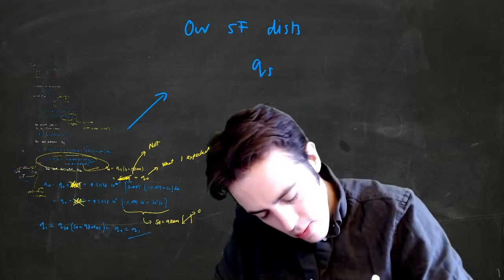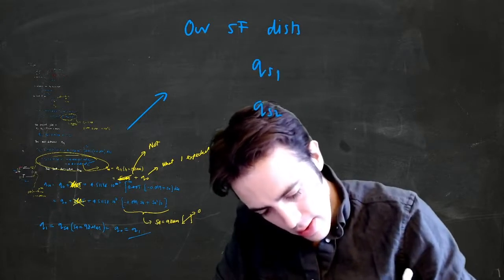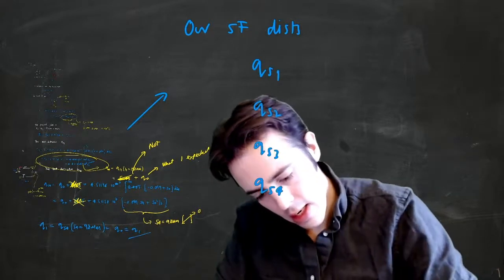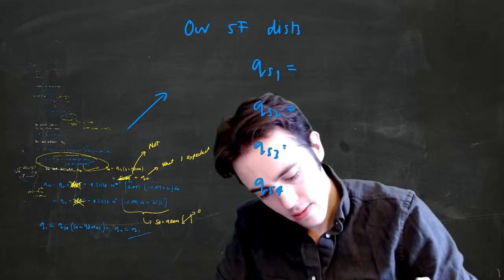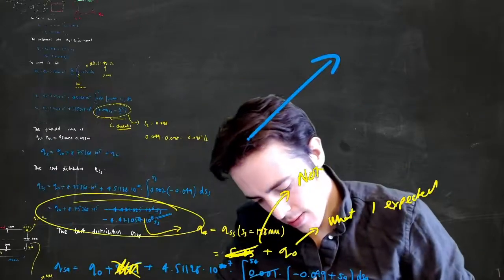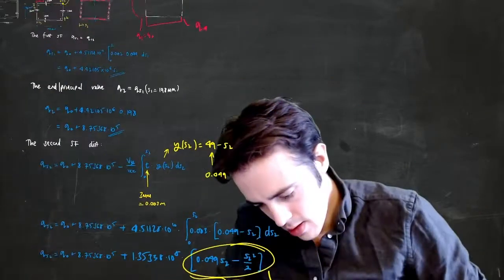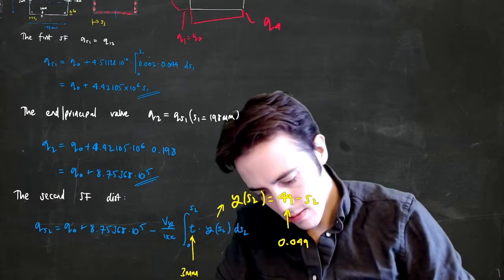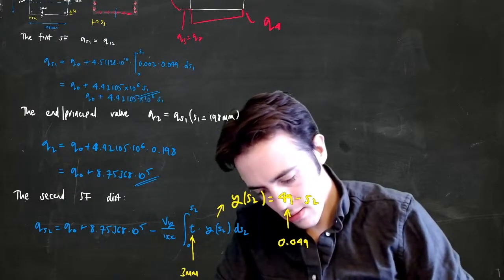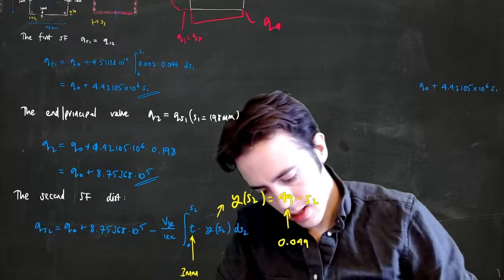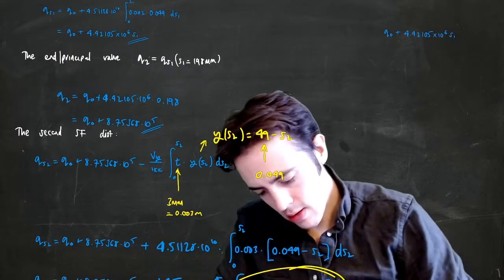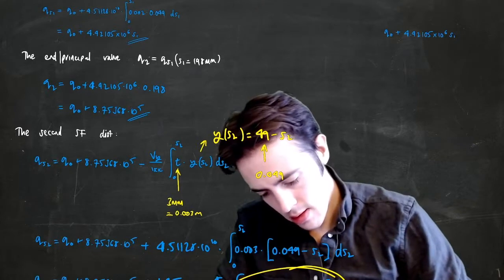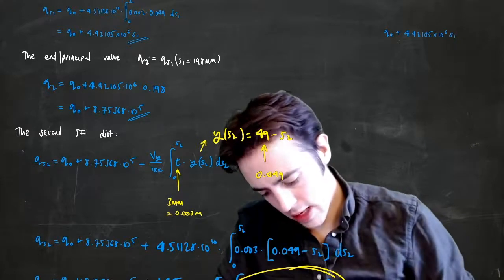So QS1, QS2, QS3, and QS4. So QS1, QS2, no, that's the principal value.